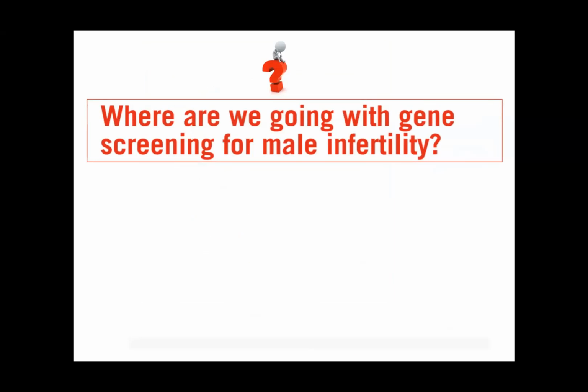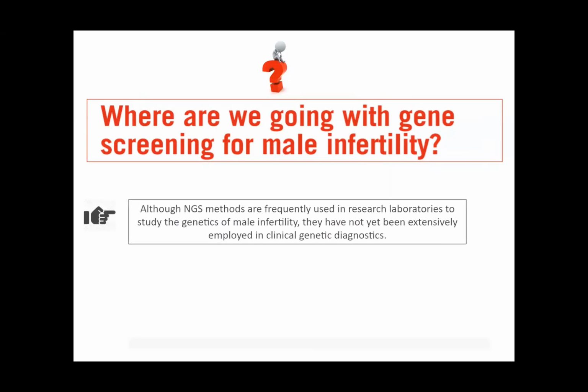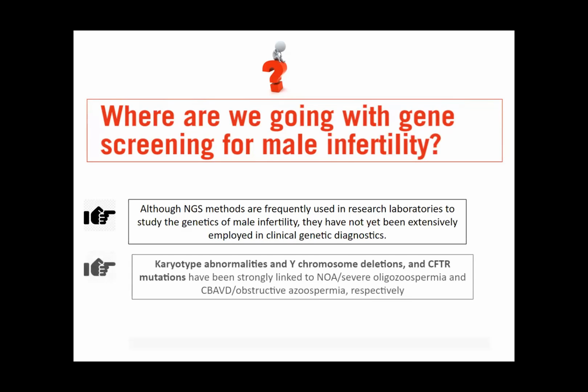Back to the question, where are we going with gene screening for male infertility? Although NGS methods are frequently used in research laboratories to study the genetics of male infertility, they have not yet been extensively employed in clinical genetic diagnosis.